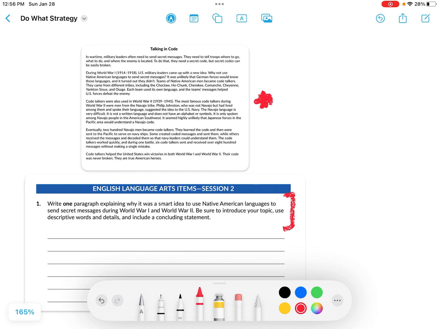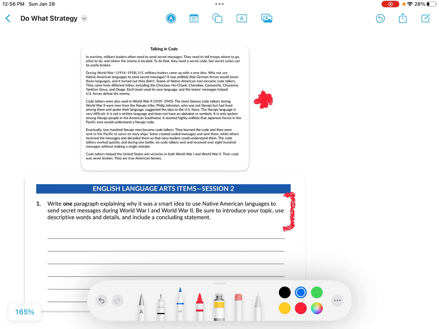So it says, write 1 paragraph explaining why it was a smart way to use Native American languages to send secret messages during World War I and World War II. Be sure to introduce your topic, use descriptive words and details, and include a concluding statement.